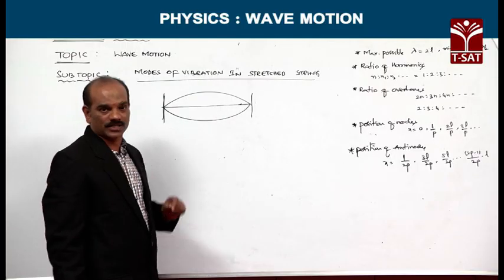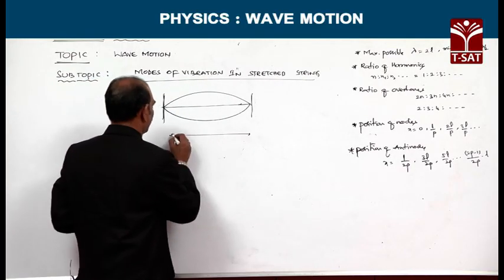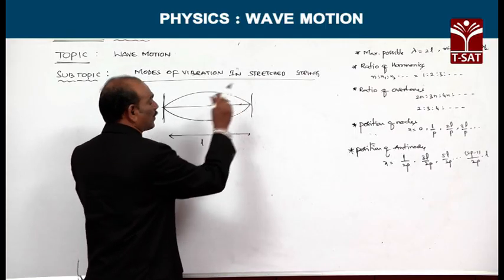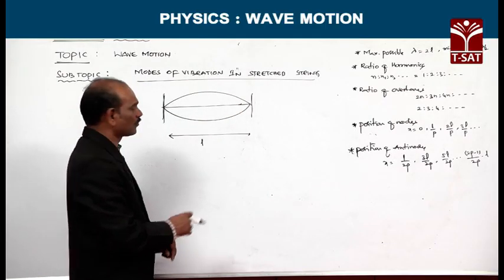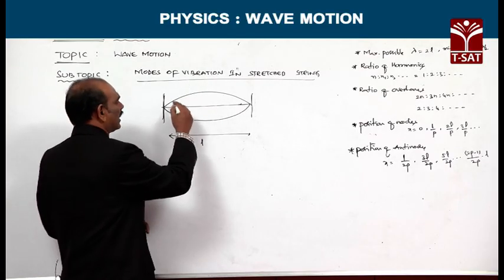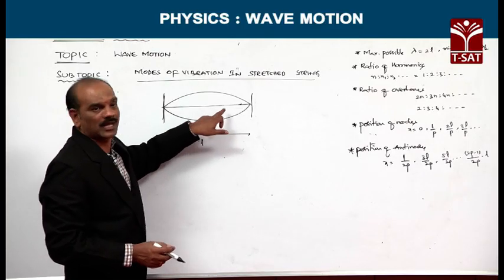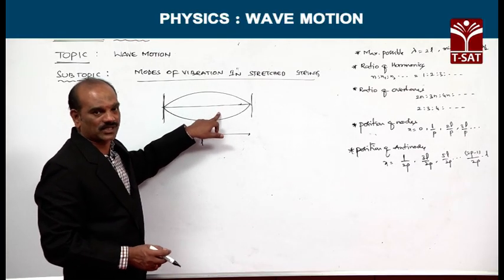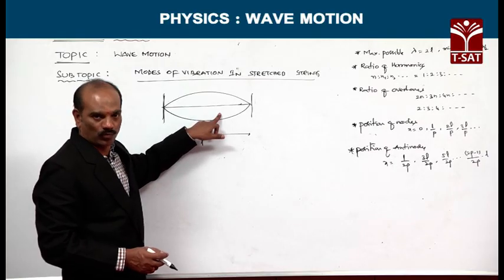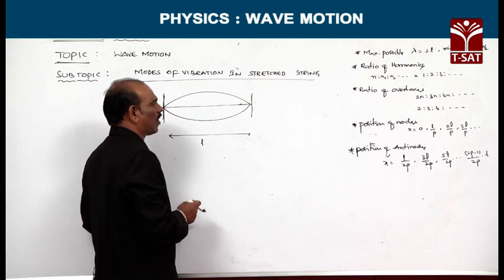Modes of vibration of a string. A string of length L is fixed between two rigid supports or two rigid ends. If it is plucked at its center, then it will vibrate with one loop. The frequency in the string is what we call the first harmonic or fundamental mode. We have to pluck the wire at what distance?